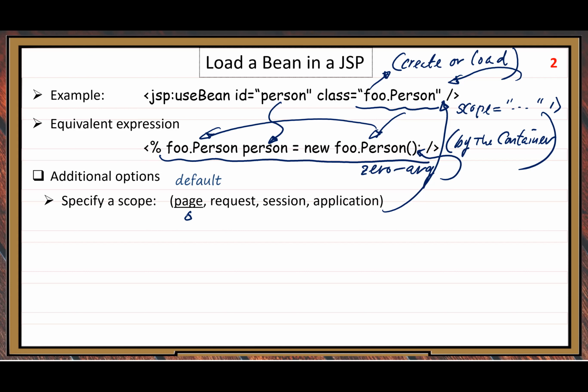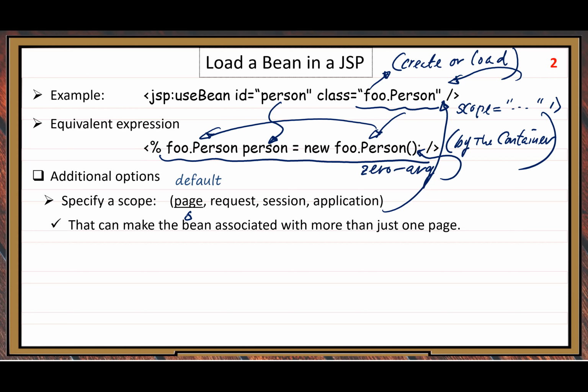It's destroyed, recycled. Not available. The resource of that bean is released in order to save more memory resource. Okay, yeah, the page scope.